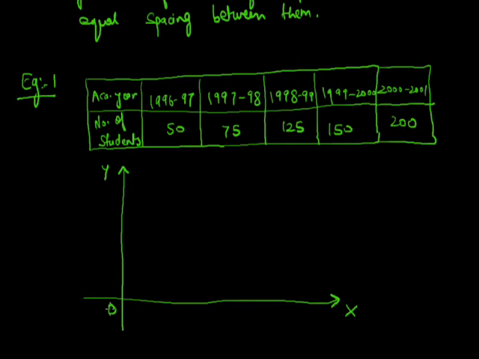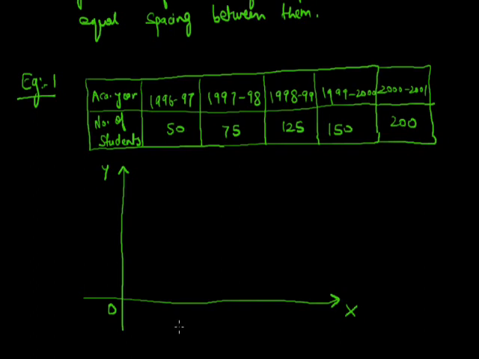So in this type of cases, whenever class intervals, or discrete data, or class marks are given, and according to that the frequencies are given, if you need to make the vertical bars, then you need to represent class intervals or class marks on the x-axis, and frequency or number of students should be taken on the y-axis.